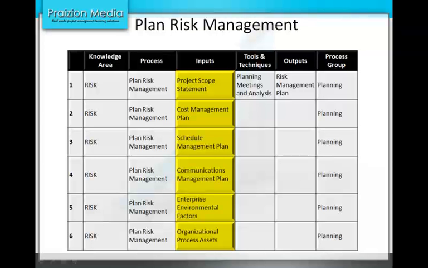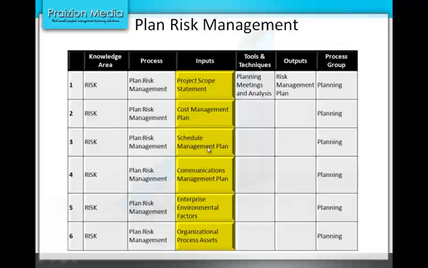Talking about time, the schedule management plan right here. Your schedule management plan is an input. What does your schedule management plan have? Your schedule management plan contains information about how schedule contingencies will be reported and assessed. Now you know what a contingency is. It's a buffer in the schedule.